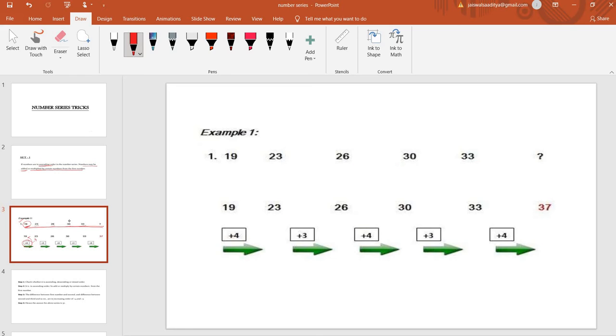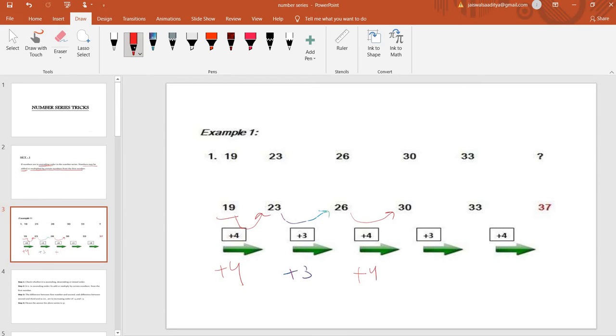This is 19. What do we have to add to this number so it becomes 23? We have to add plus 4. Again, what do we have to add to 23 so that it becomes 26? Plus 3. What do you have to add to 26 so it becomes 30?